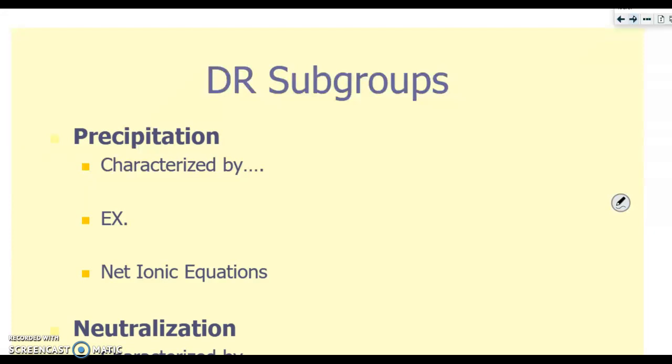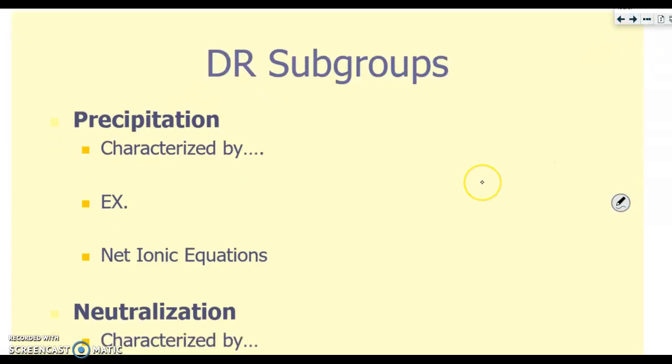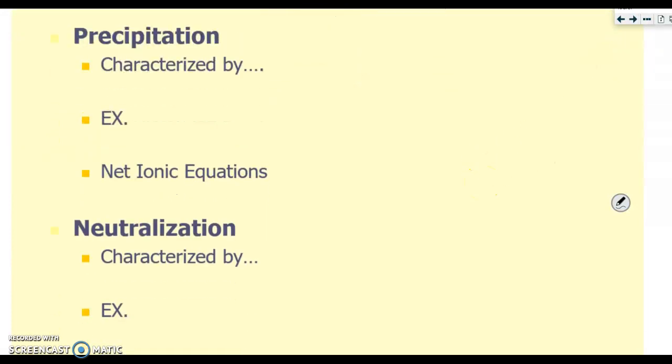Double replacement also has some subgroups, and they are precipitation and neutralization. You'll want to be able to identify both of these as well. So a precipitation reaction is characterized by a solid being created, because a solid is known as a precipitate.